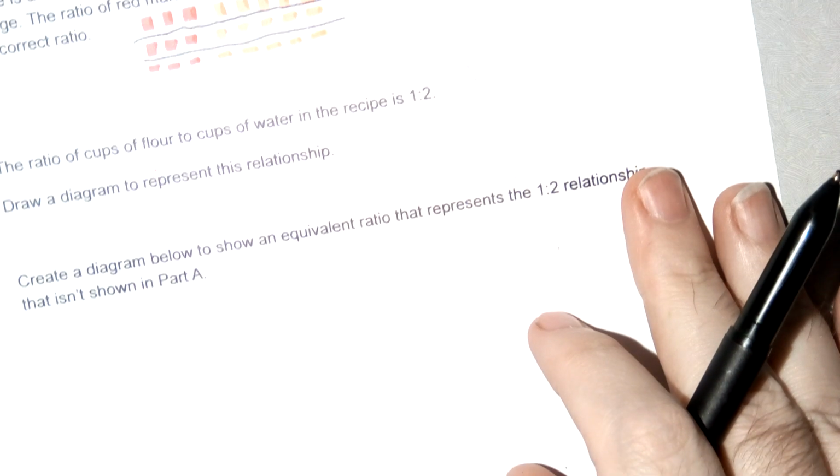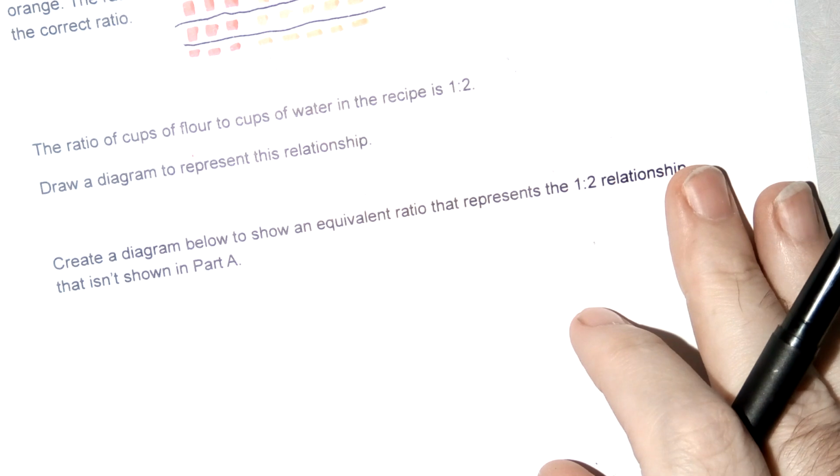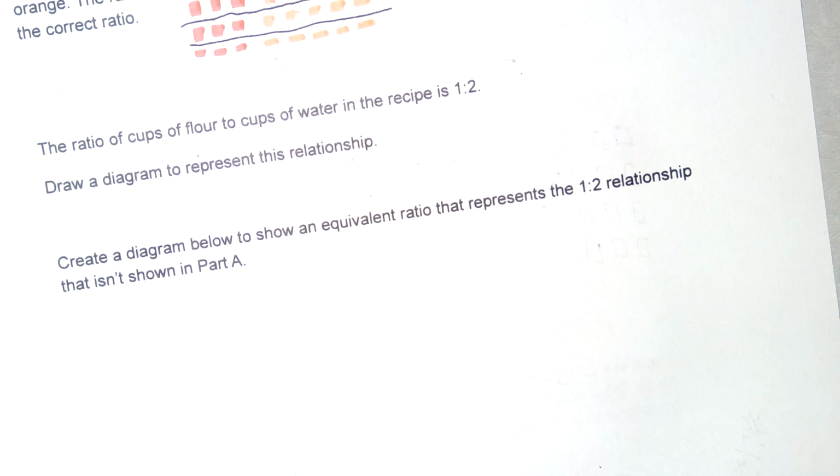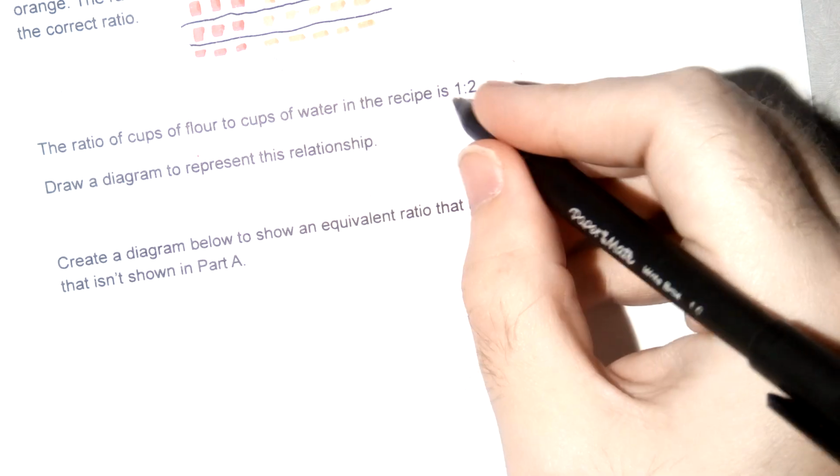And the last question, again, a 2-part question. So, the ratio of cups of flour to cups of water is 1:2. So, again, this will be a multiple choice question.